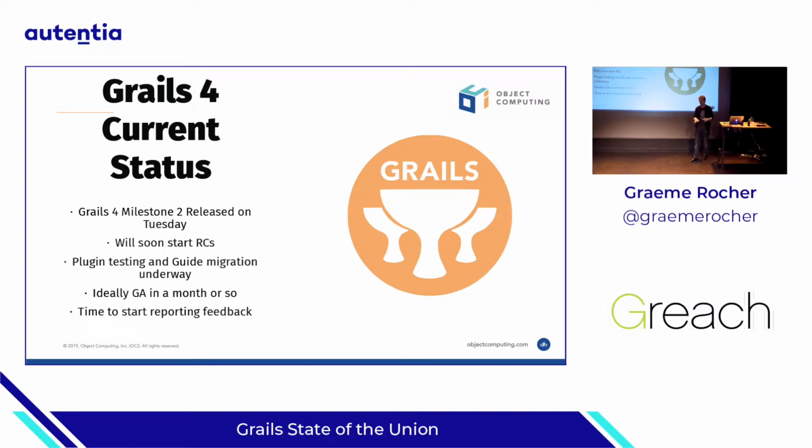I think there are still some issues around Spring Security, but there's a snapshot that works with Spring Security. And we're migrating all the guides, tutorials and documentation, upgrading it to Grails 4. Ideally, we would like to start an RC soon, and ideally a GA in around a month or just over. But it's very much based on what kind of feedback we get from the community.